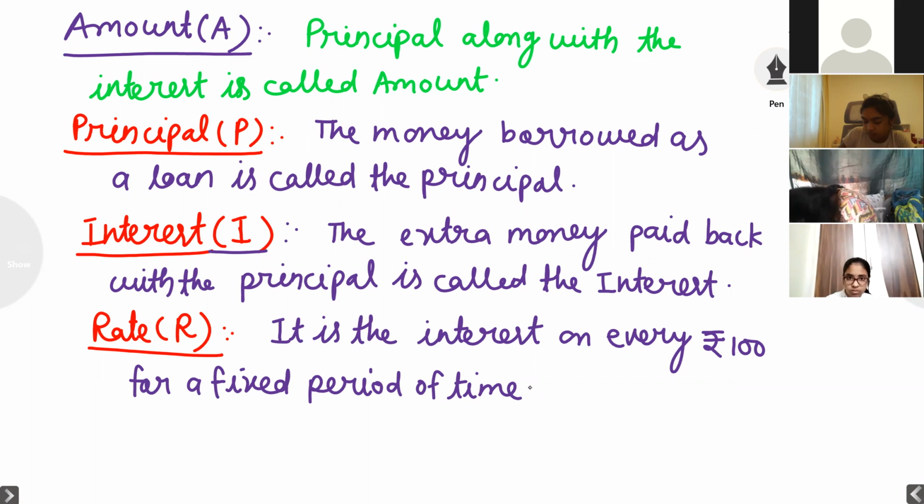What is rate? It is the interest on every 100 rupees for a fixed period of time. If anyone asks what is the meaning of 5%, then you have to answer: 5% means for every 100 rupees they are charging 5 rupees.